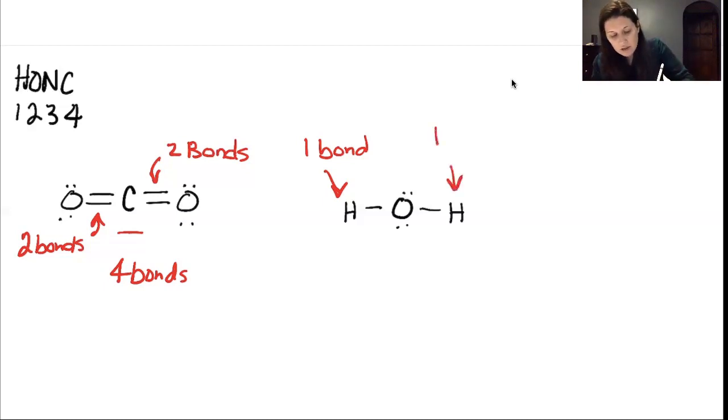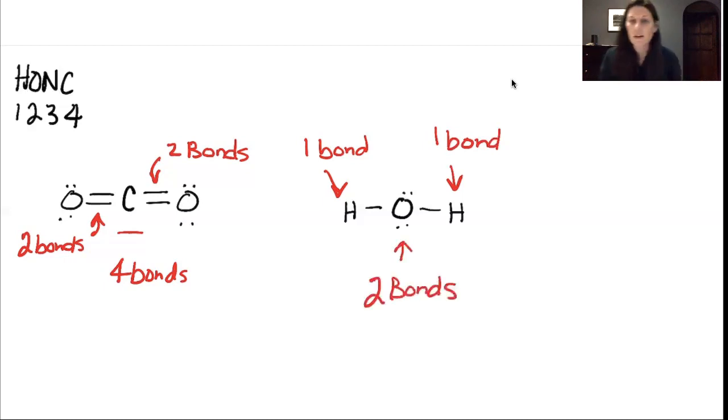This hydrogen also has one bond. And this oxygen here has two single bonds, but still two bonds overall and four non-bonding electrons. So oxygen can have a double bond or two single bonds, but either way, it's still following that HONC 1, 2, 3, 4 rule.